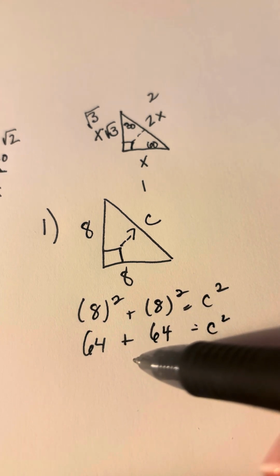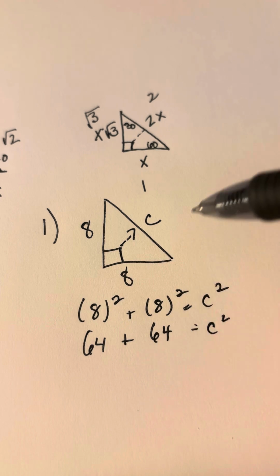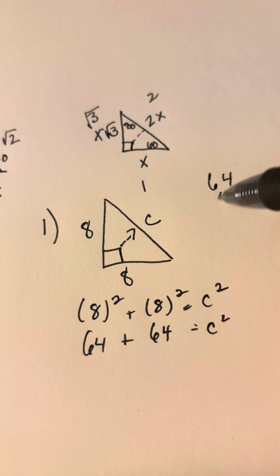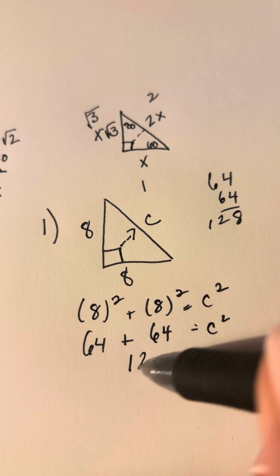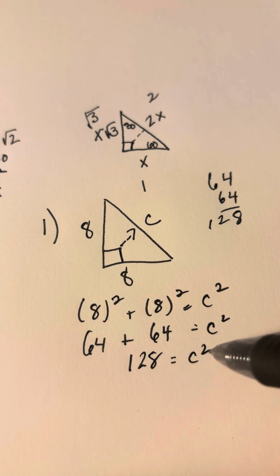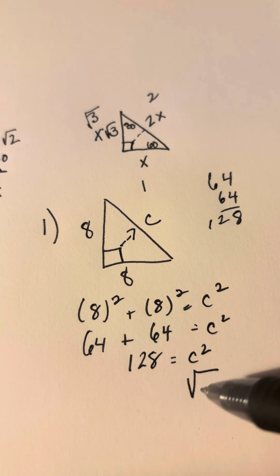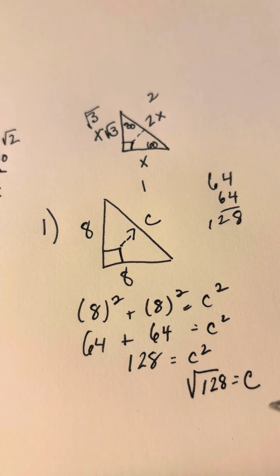I don't have a calculator up here, so I'm going to do it by hand. I thought that was 128. So then I would put in my calculator the square root of 128. I don't know what that is off the top of my head. I'm going to look it up real quick in the back of the book.